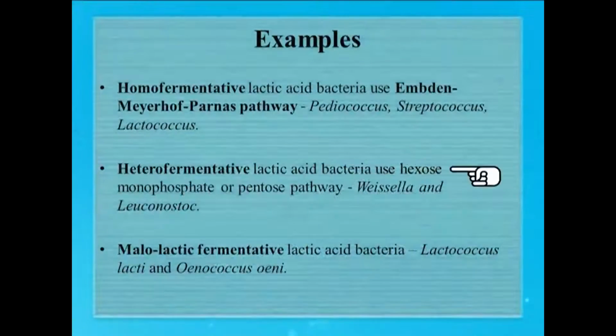However, in heterofermentative lactic acid fermentation, the bacteria use the hexose monophosphate or pentose pathway. The two important genera are Weissella and Leuconostoc. In malolactic fermentation, Lactococcus lactis and Oenococcus oeni carry out the fermentation.